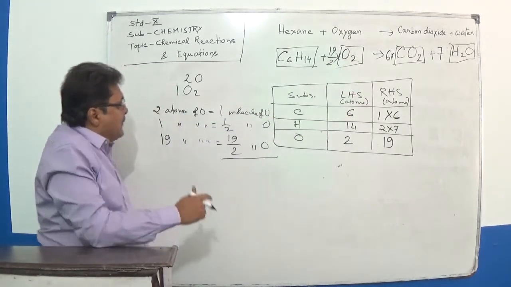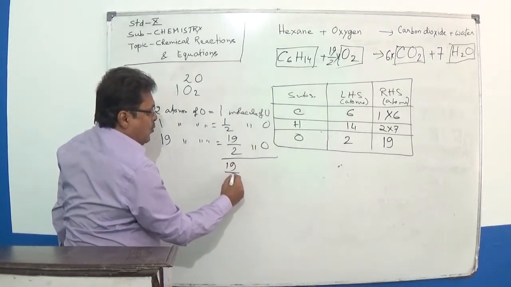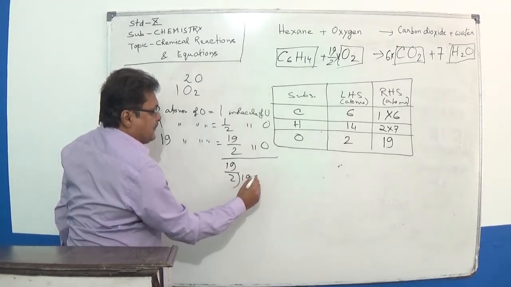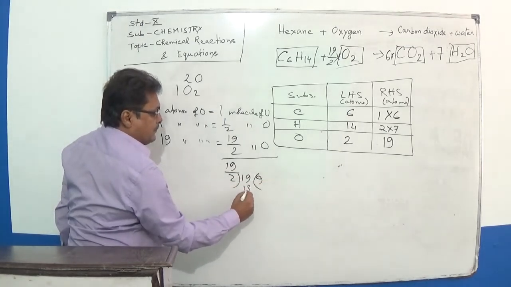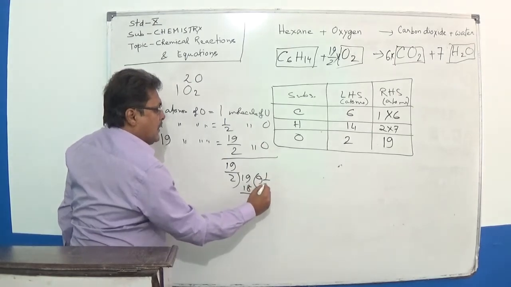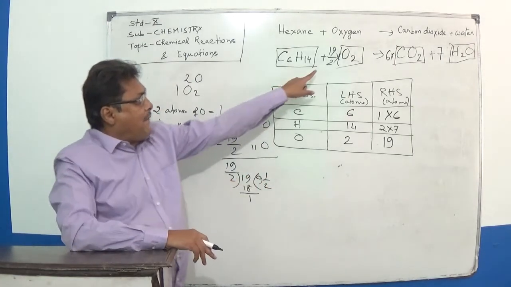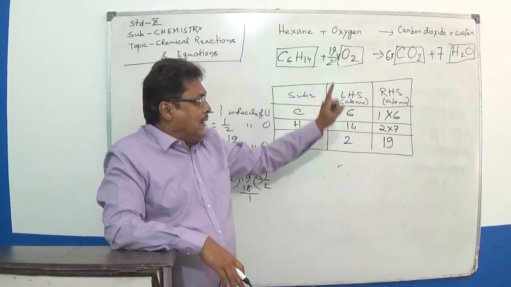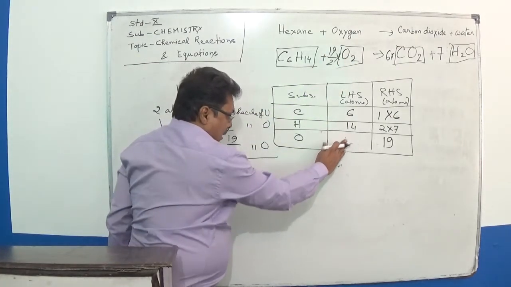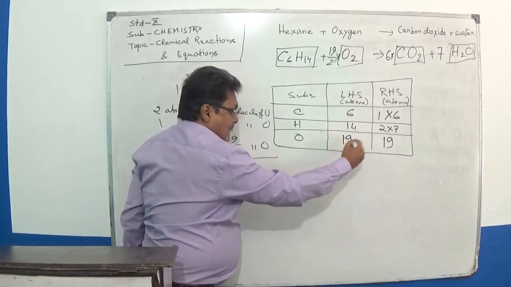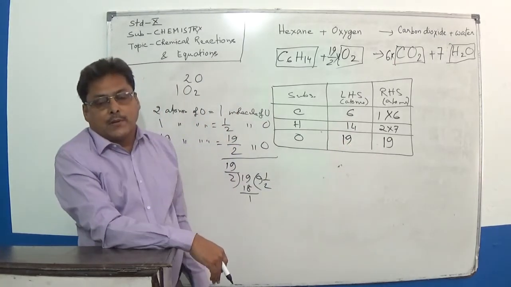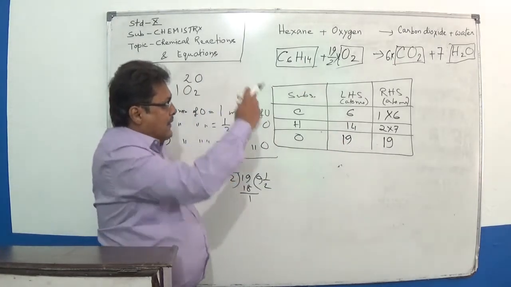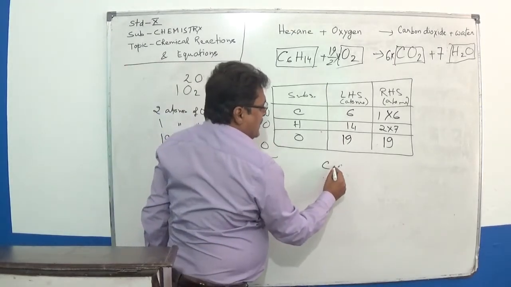If we have 19 by 2, that means nine and a half molecules of oxygen. Only then can we assure that both sides have 19 atoms. But let's write this now.